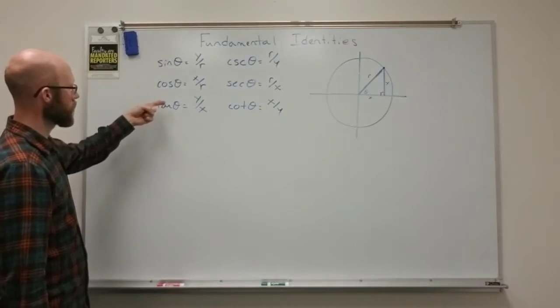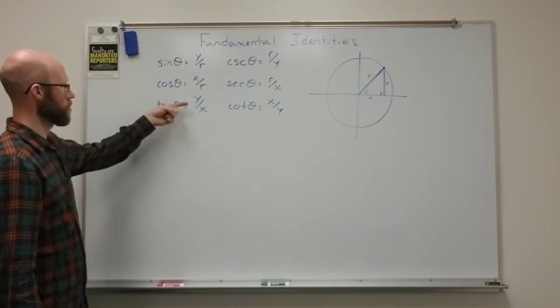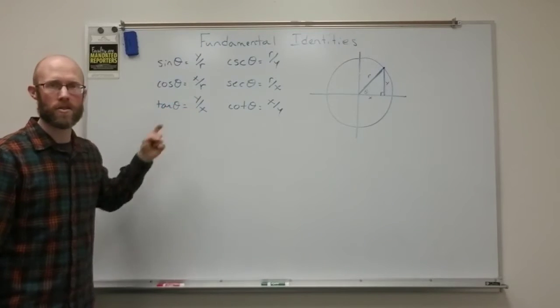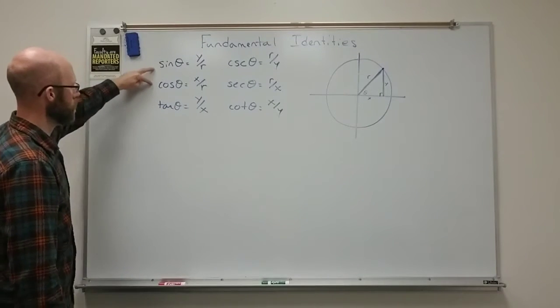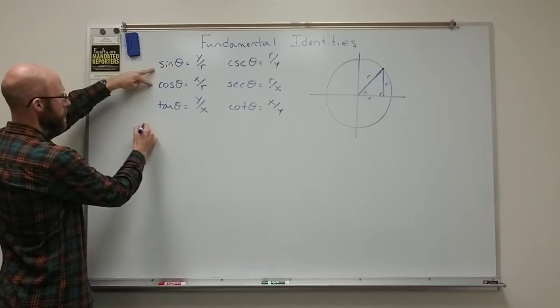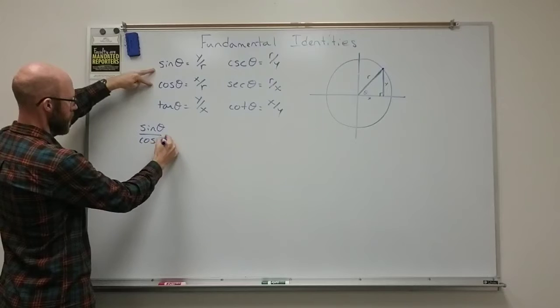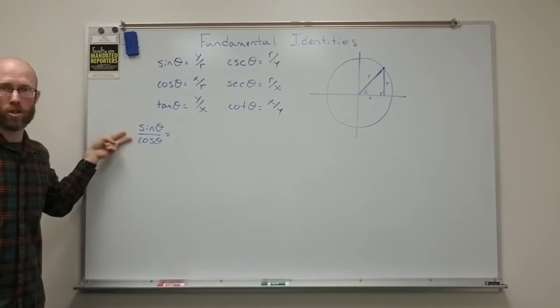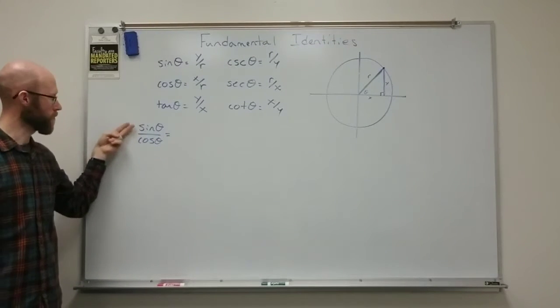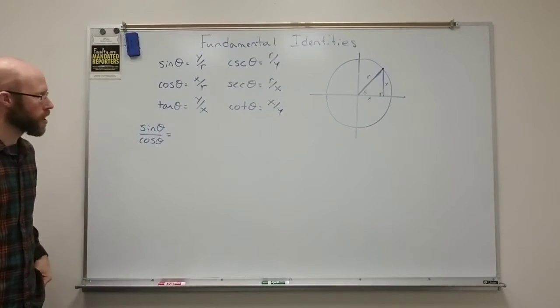Things like the tangent being y over x, right? So think about this. If you were to divide the sine of theta by the cosine of theta, that's a trigonometric expression, right? It's 2 trig functions.